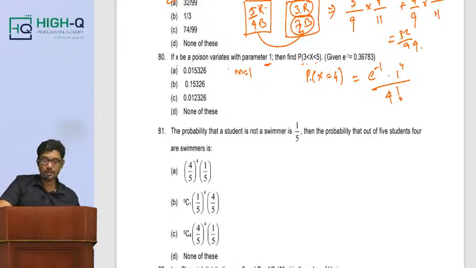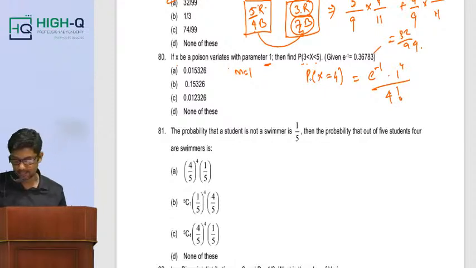I think you know what e power minus 1 is. It is given as 0.36783. 0.36783 divided by 24, sorry, 4 factorial is 24. 0.36783 divided by 24. 0.0153. Okay. Option A.